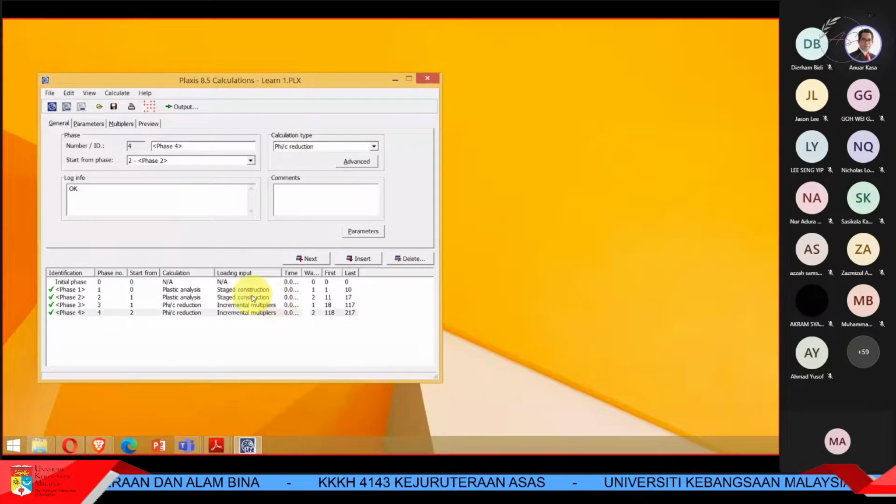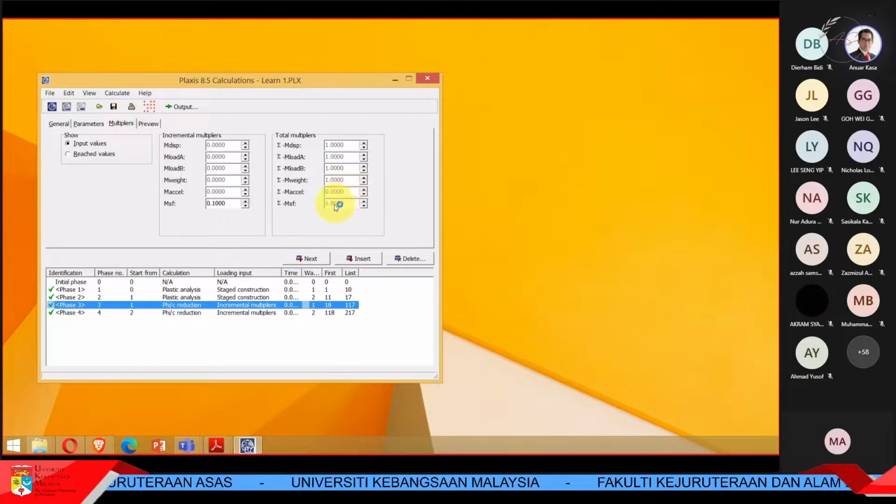So it is done. See the factor of safety. For the first one, to know the factor of safety, you go to multiplier. This is the value of the safety factor, 1.86, for the first one without any geogrid reinforcement, as well as the loading, 5 kilonewton load.